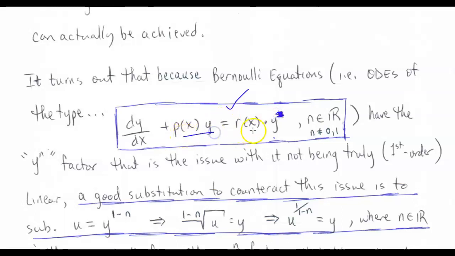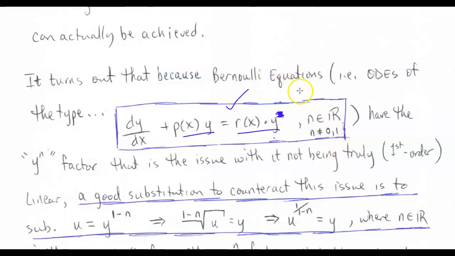Now you have on either side of the equation two expressions that both have a common factor of y, and you can move that all to one side, and then you end up having a separable equation. So that's why we're not really interested in the Bernoulli cases when n is equal to 0 or n is equal to 1.